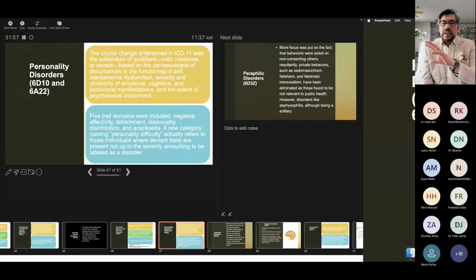And then they started coming into play, and DSM acknowledged it as an abnormal thing, and then there were multiple kinds of personalities mentioned. ICD-11 has simplified them.